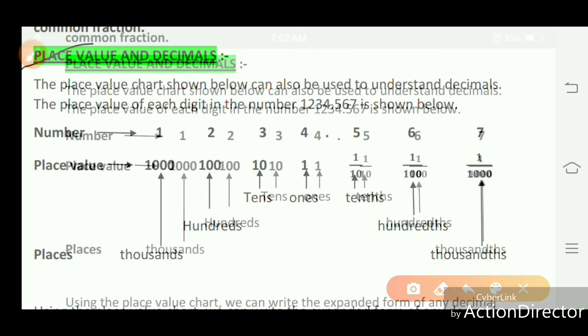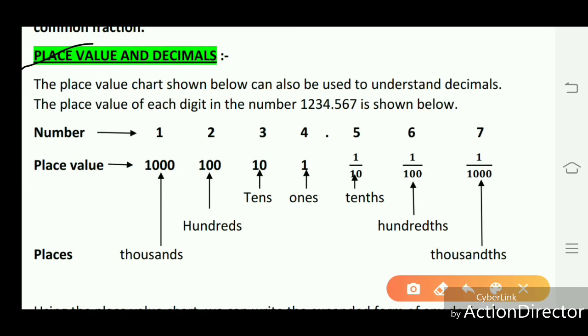Here we notice if we move from the left-hand side, we read these numbers as whole numbers: ones, tens, hundreds, thousands. And on the right-hand side of the decimal point, the place values are tenths, hundredths and thousandths.